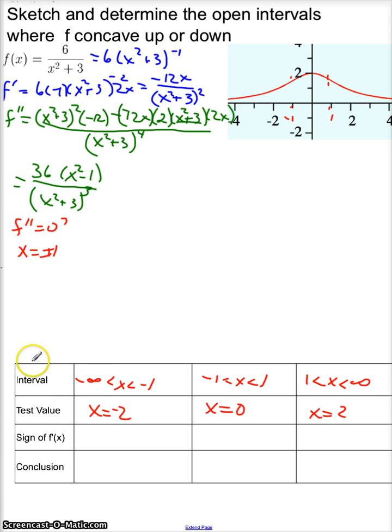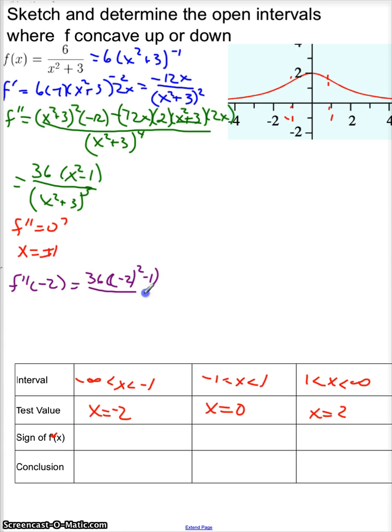All right, so now I want the sign of f, not prime, but double prime here. What's the sign of the second derivative? Well, let's see. Let's pick negative 2 because it's a nice convenient point. I'm going to switch colors here for this. F double prime at negative 2 is 36 times negative 2 squared, so that's going to be positive.